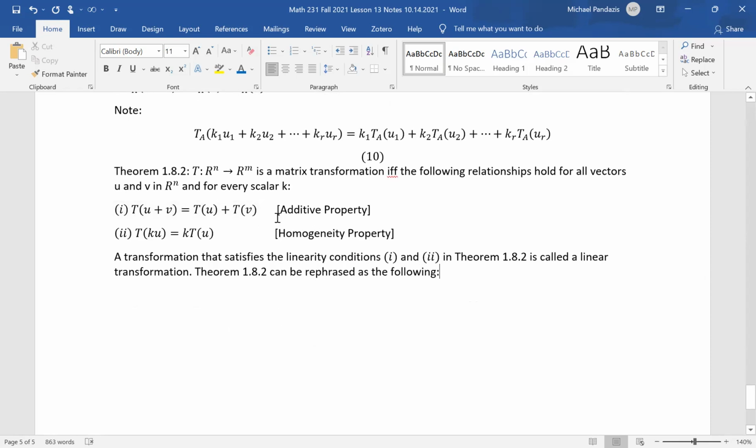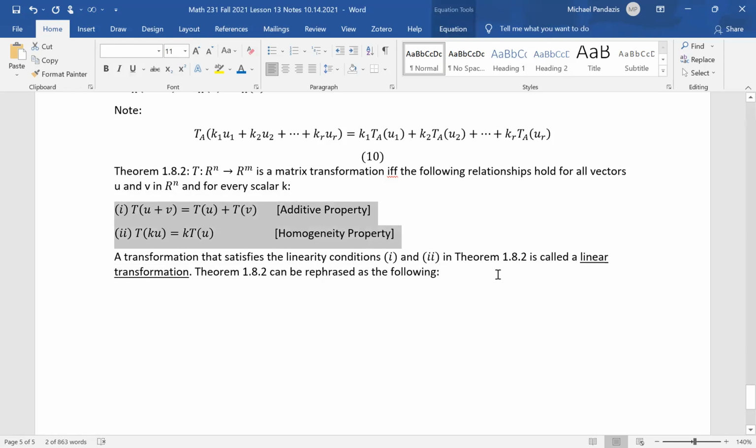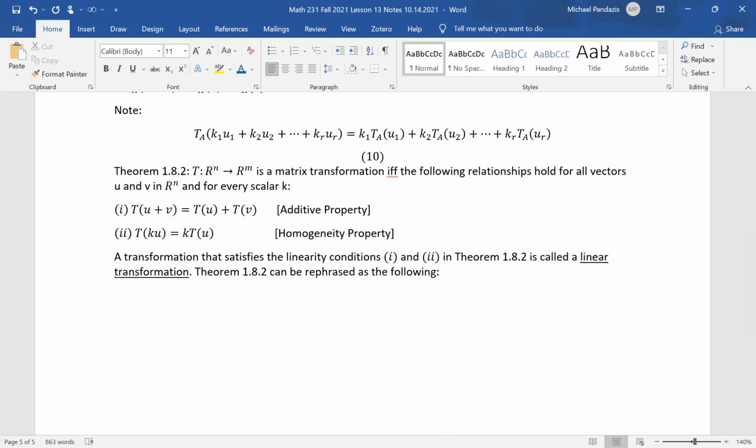But just before I go there, when you have a transformation T from Rn to Rm and both of these things hold, then you can conclude that it's linear. So these two properties define a linear transformation. When your transformation satisfies these two properties, it's called a linear transformation. So this theorem can be rephrased as the following.